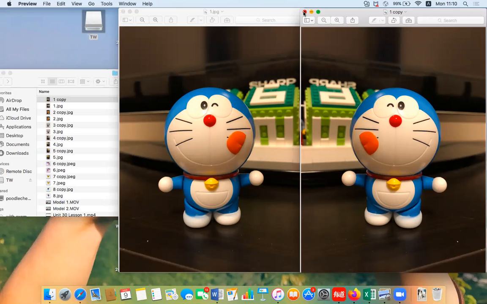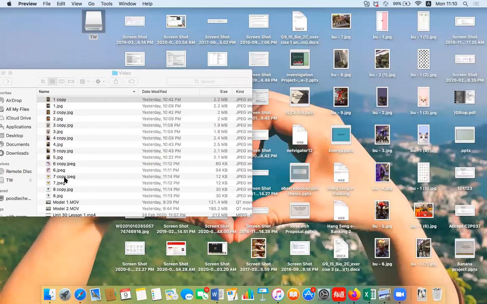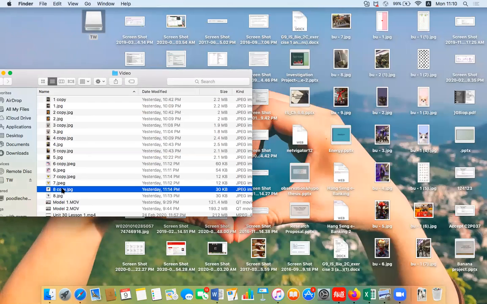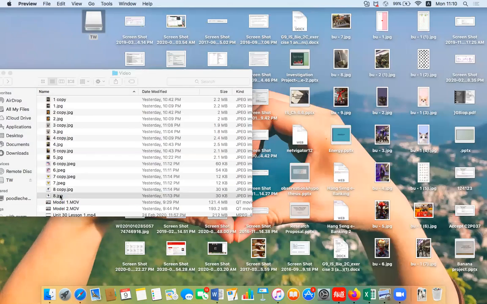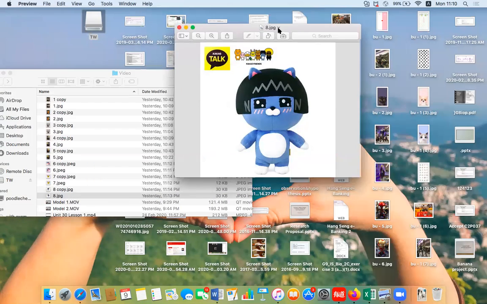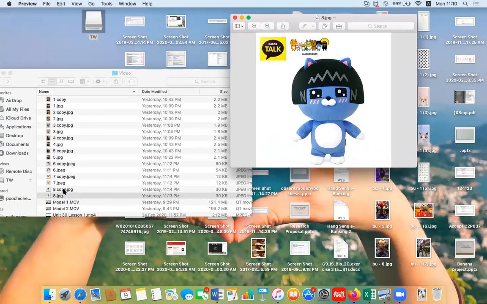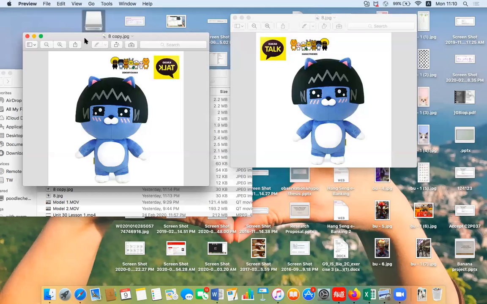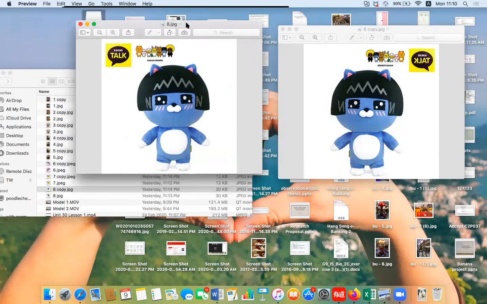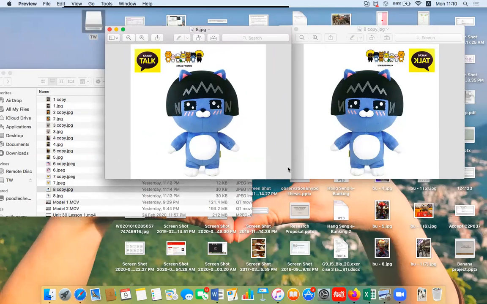Okay, let's try more examples. For this one, it's a character, and if I take the mirror image of that, that's the mirror image. Is this one superposable? Yes.